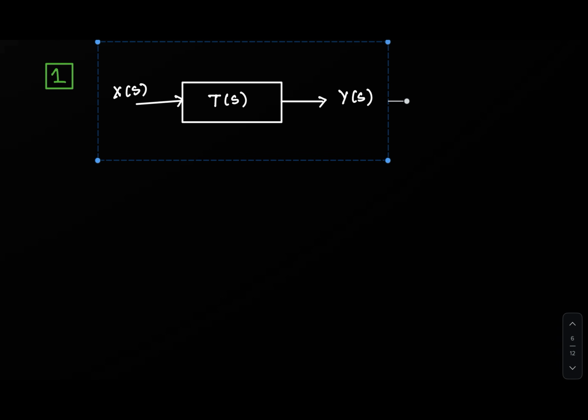First derivation, paste it here. So y of s in this equation will be x of s into t of s. This is one derivation.